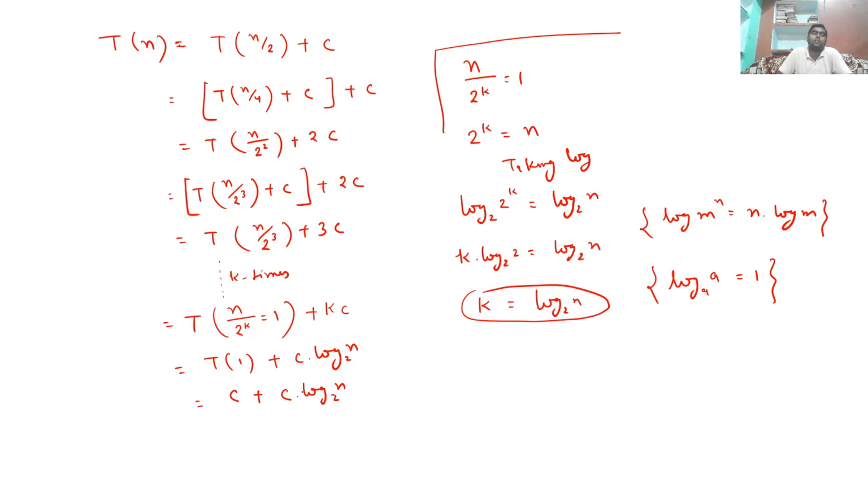What is the maximum term in this expression? So the time complexity of binary search is going to be order of log n. This is the time complexity.